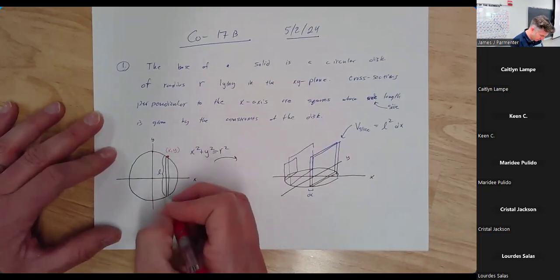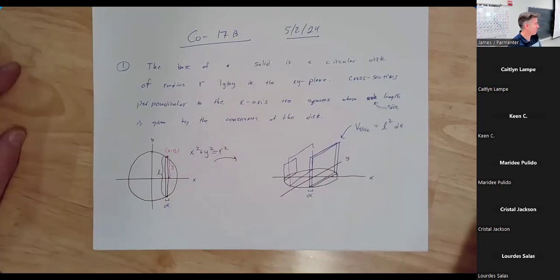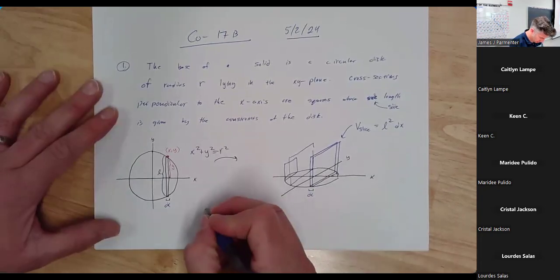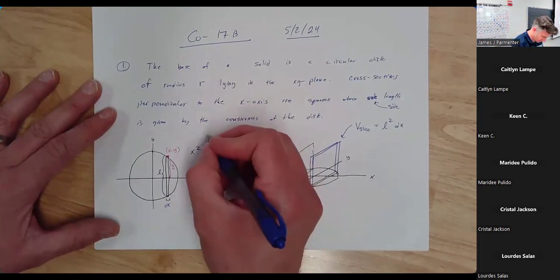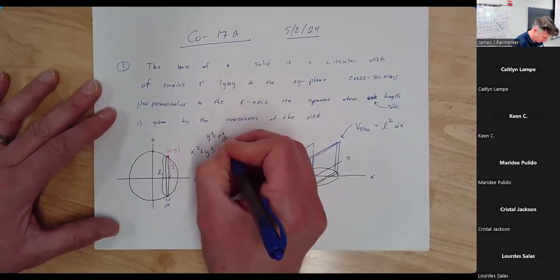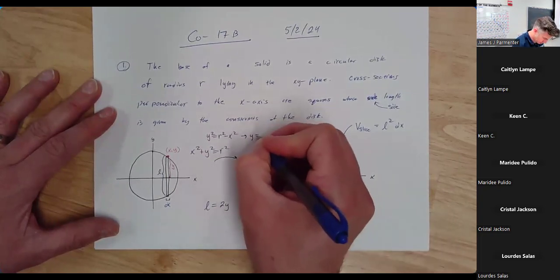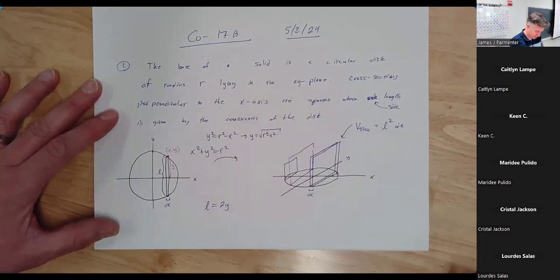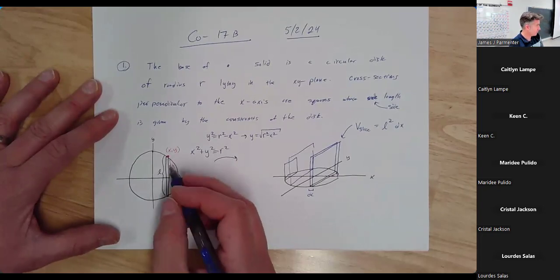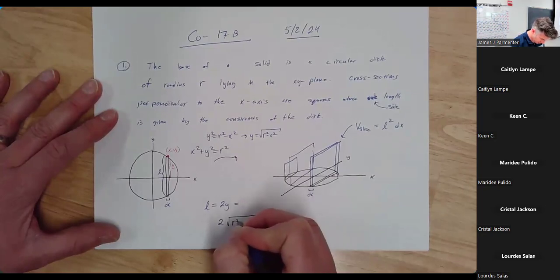So the length of this strip is twice however high y is. The length is 2 times y, but then if we take this equation and solve for y, we can say that y squared is equal to r squared minus x squared, or that y is equal to the square root of r squared minus x squared. So the length of the side of the square is really 2 times the square root of r squared minus x squared.